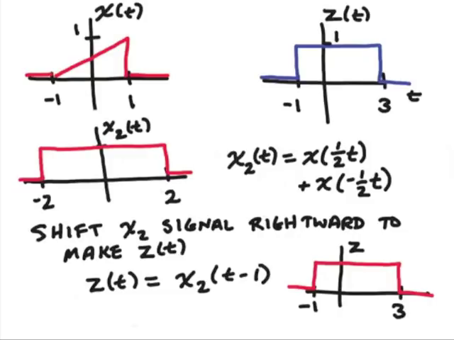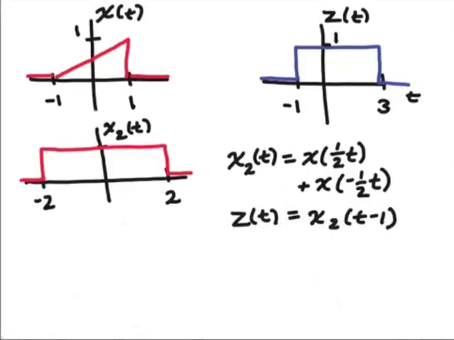So we have z of t is x2 of t minus 1, and now let's express that in terms of the original signal, x of t. We found that x2 of t was equal to x of 1/2 t plus x of minus 1/2 t, and z of t is equal to x2 of t minus 1. So now we simply substitute in t minus 1 for each t in x2 of t.